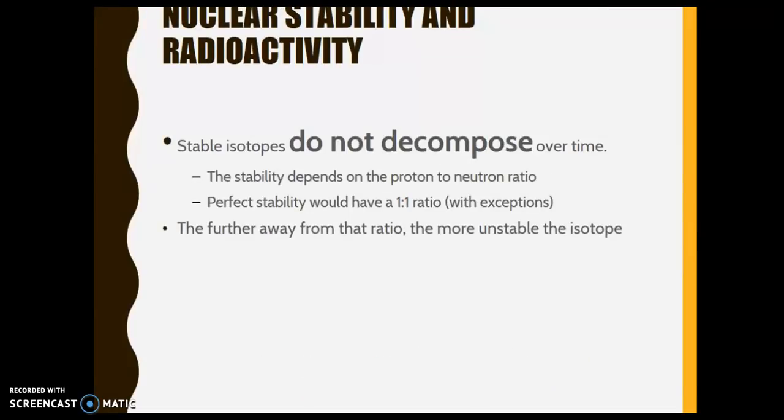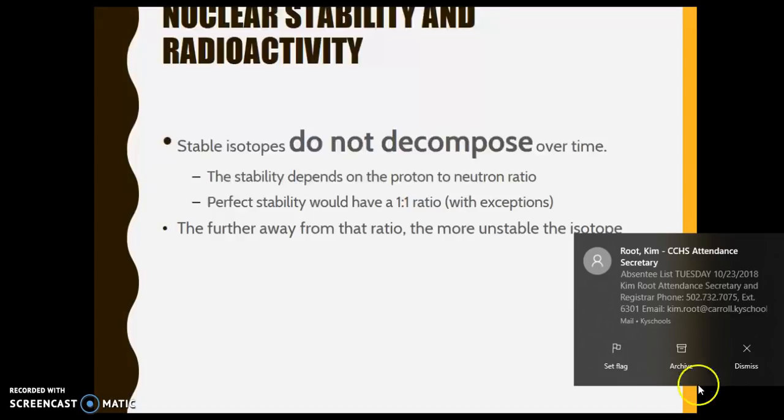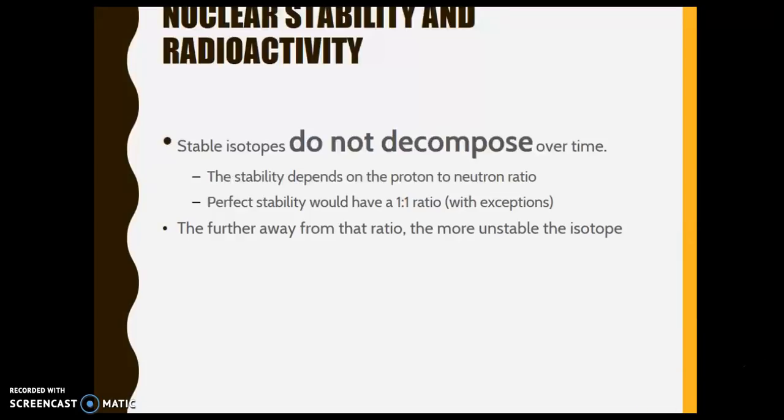So again, let's go back to our discussion on isotopes. Stable isotopes will not decompose over time. For something to be a stable isotope, it has to have a ratio of 1:1 protons to neutrons. So if it has an equal amount of protons to neutrons, it's not going to decay over time. It is stable.